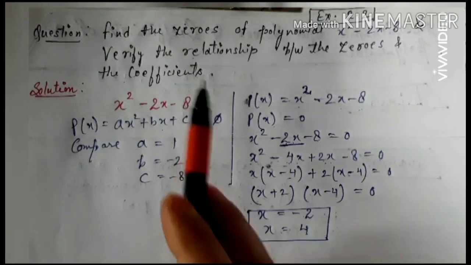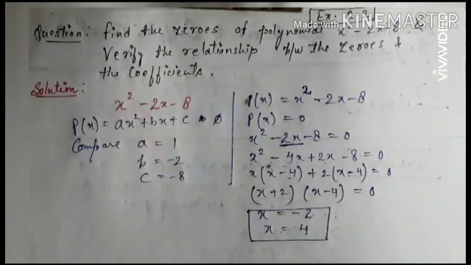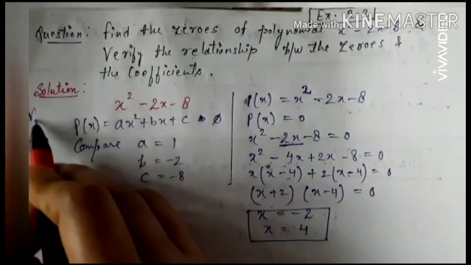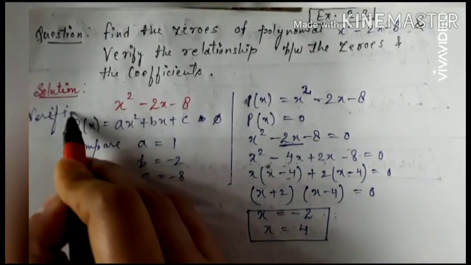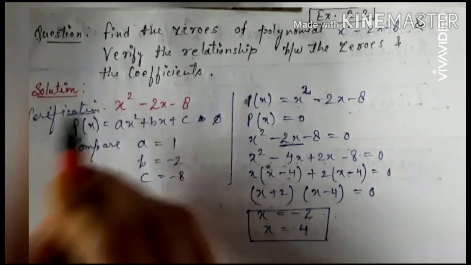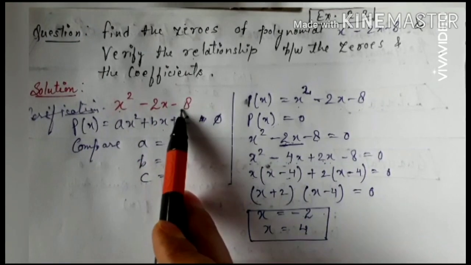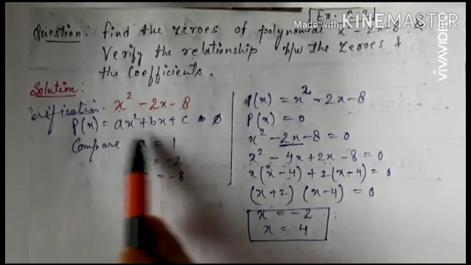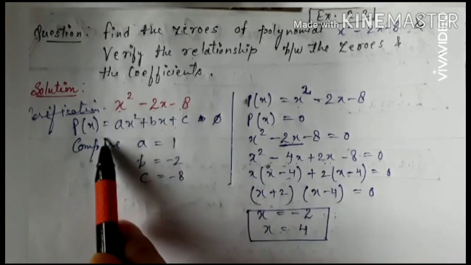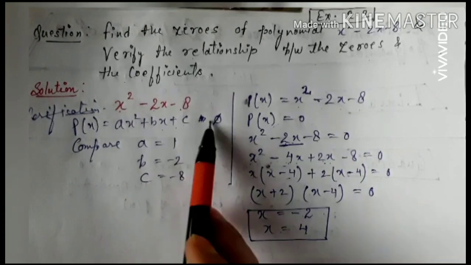Now we have to verify this. This is the part of verification. Now this is your x square minus 2x minus 8. This is a quadratic polynomial. The standard form of the quadratic polynomial is ax square plus bx plus c equal to 0.